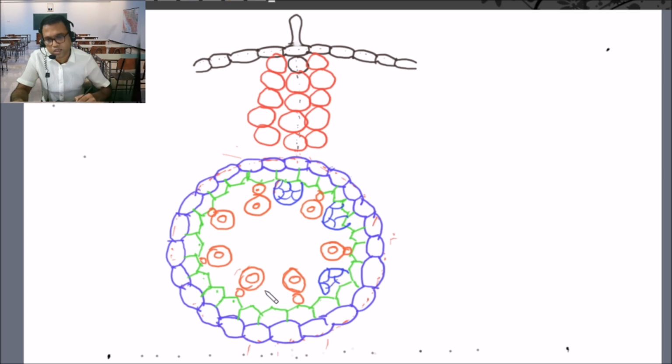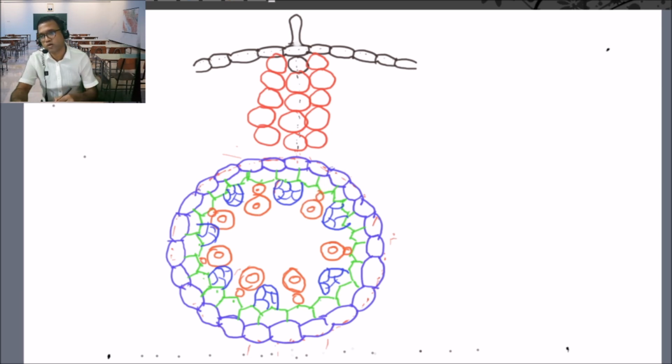These are the phloem. The shape of phloem is dome shape. And in between xylem and phloem, this portion is known as pith ray.